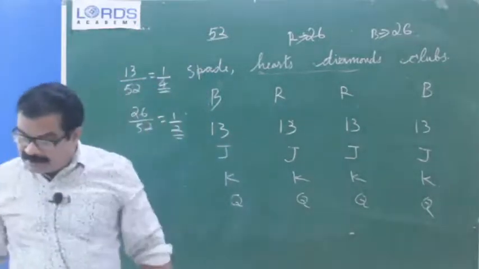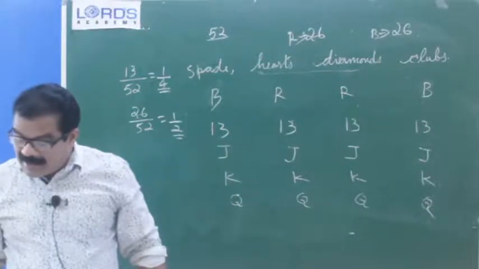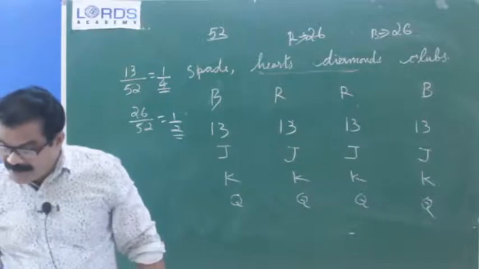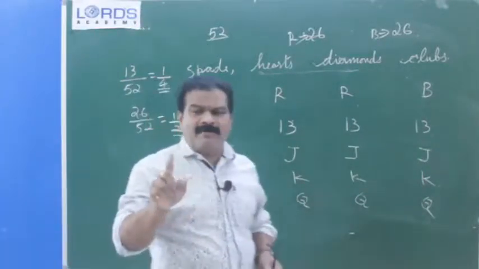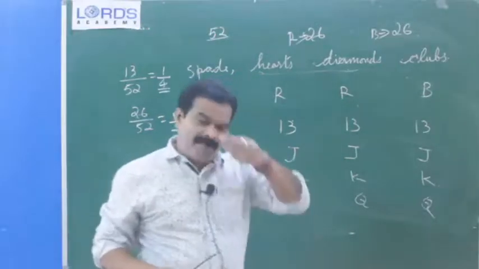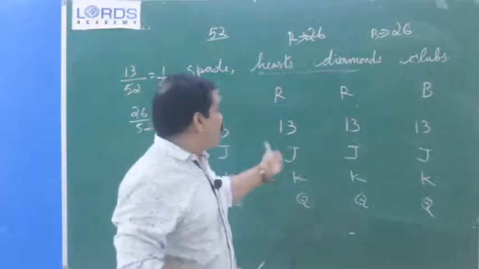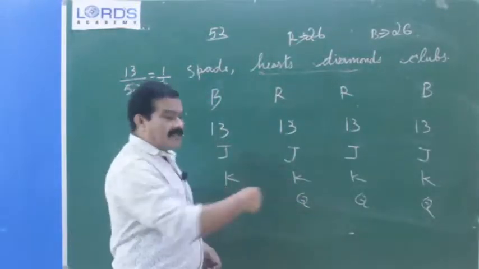The next one, probability of getting a face card. You have to find out the favorable case here. How many face cards are there? You find out. I already gave that information about face cards.